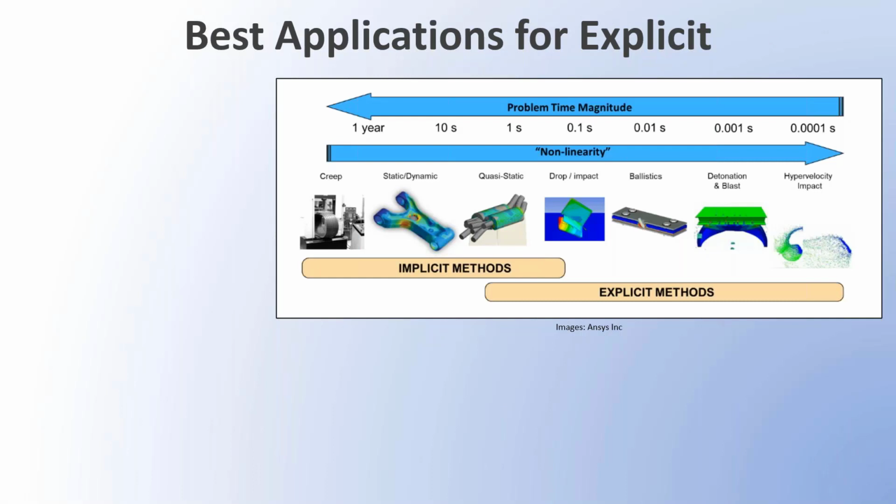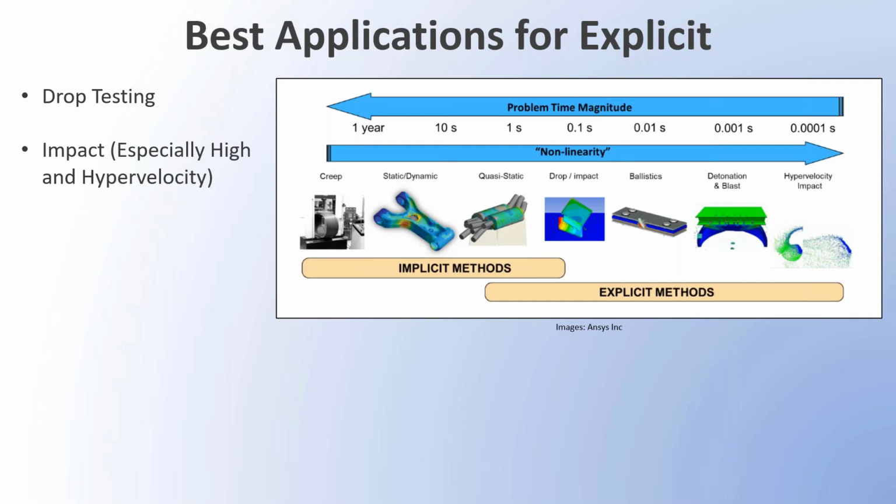As far as what the best applications for explicit dynamics are, it starts with drop testing. That really straddles the line between where implicit methods work and explicit methods. I will say that I vastly prefer using explicit methods for drop testing because it can involve some really dynamic responses that, again, give you convergence issues with an implicit solver.